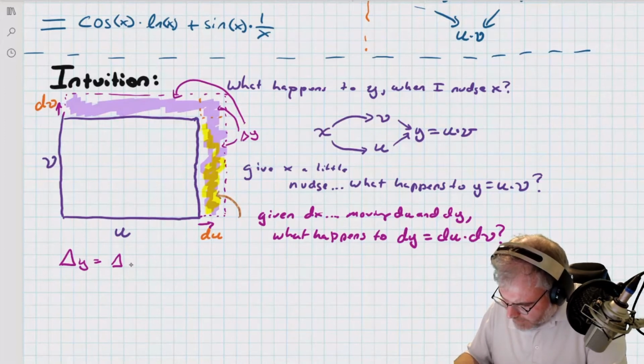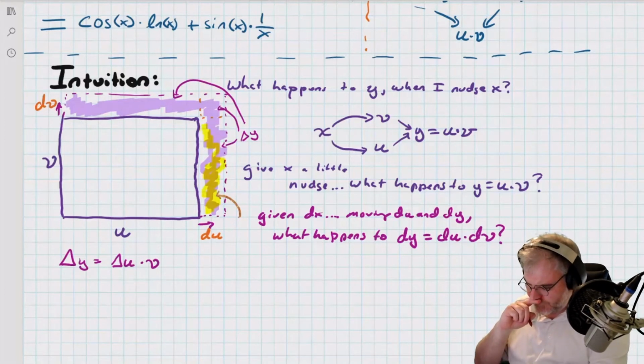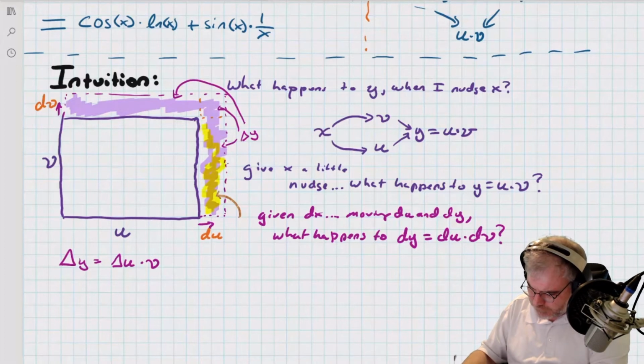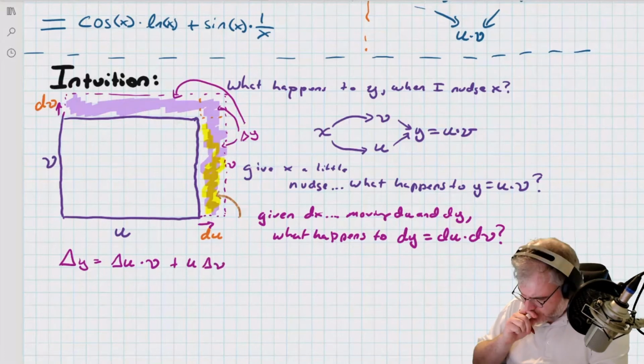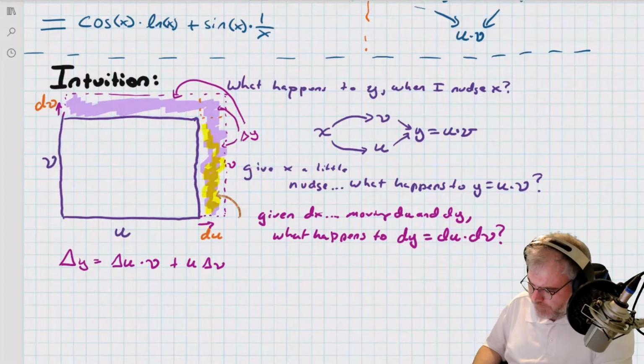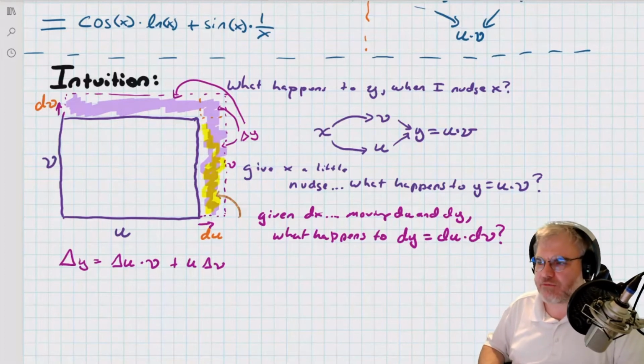I'm sorry, so I've got the change in u times v. That's this rectangle. Plus this rectangle here, which is u times the change in v. Okay? So how do we feel about that, 1 to 5?